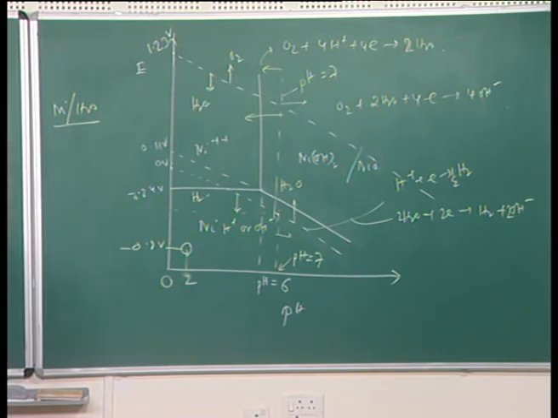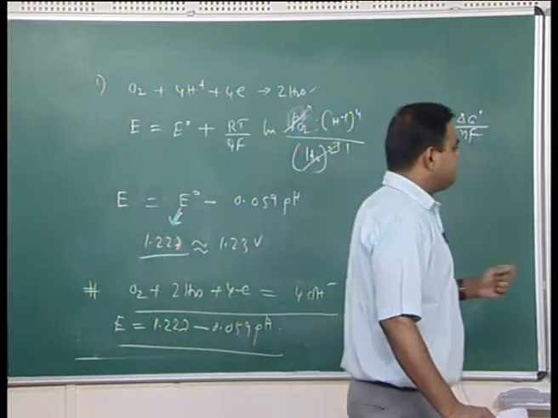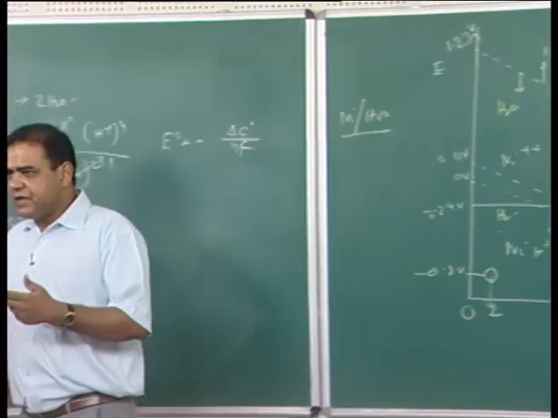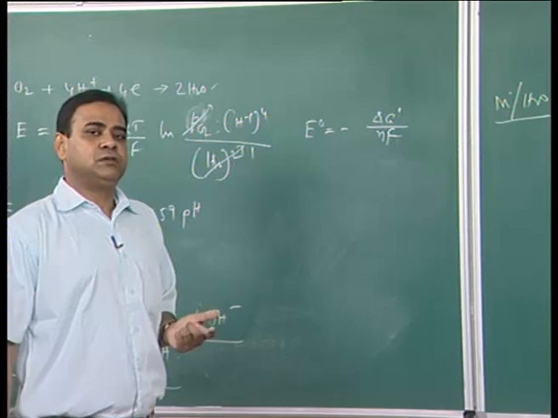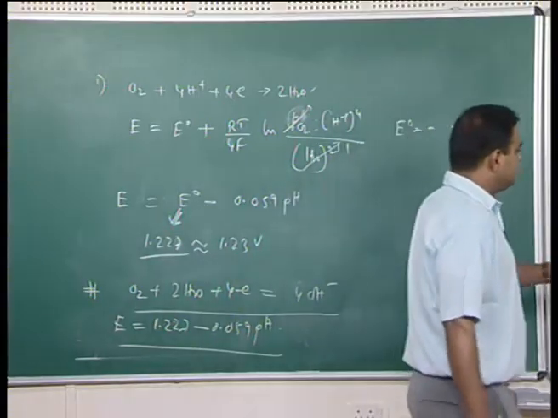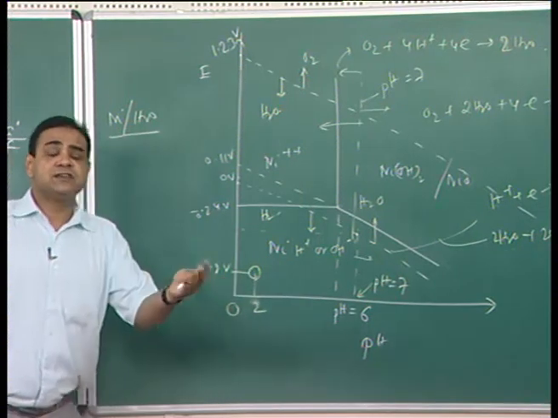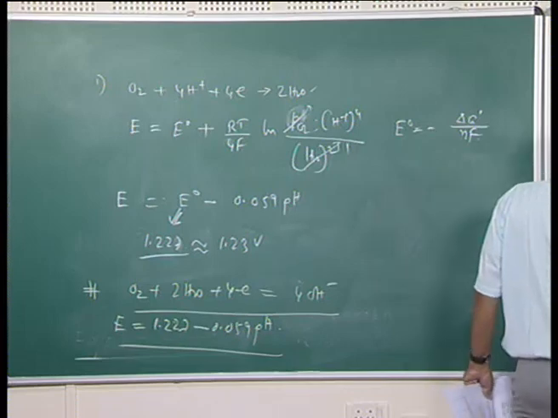So, nickel will not go to nickel plus plus, that suggests there would be no dissolution, and if there is no dissolution, there is no corrosion, and it is not forming any other species. So, this zone we call the immunity zone.